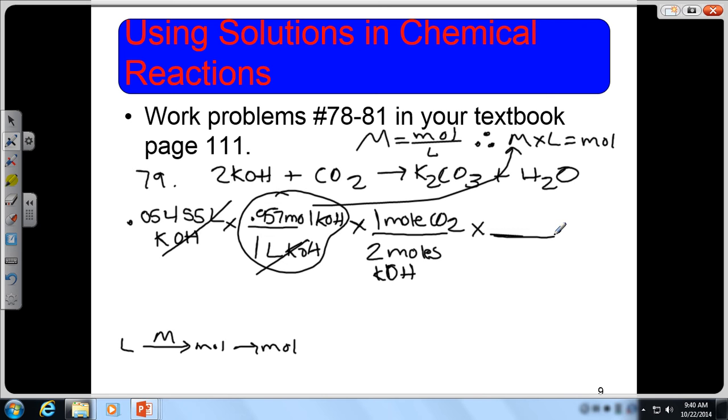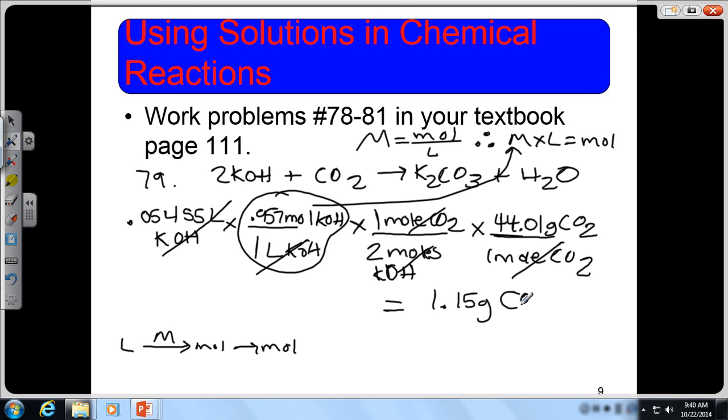In 1 mole of CO2, if you add up the molar mass, you get 44.01. We've added that up quite a bit. So moles cancel, and we get 1.15 grams of CO2.